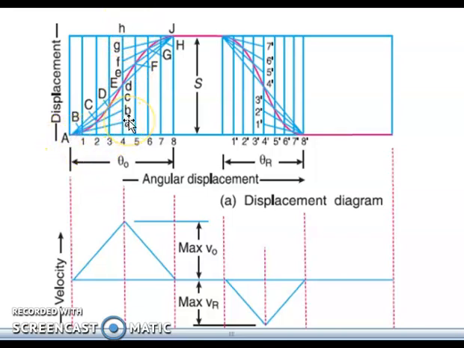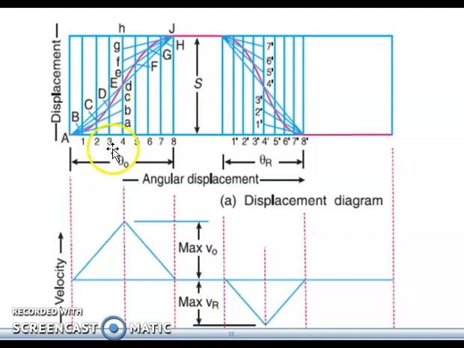So the line from A will meet the line. Already you have the A point, that is 0 point. So the line from A will meet the line from 1. That will give the first point. The line from B will meet the line from 2, second point.